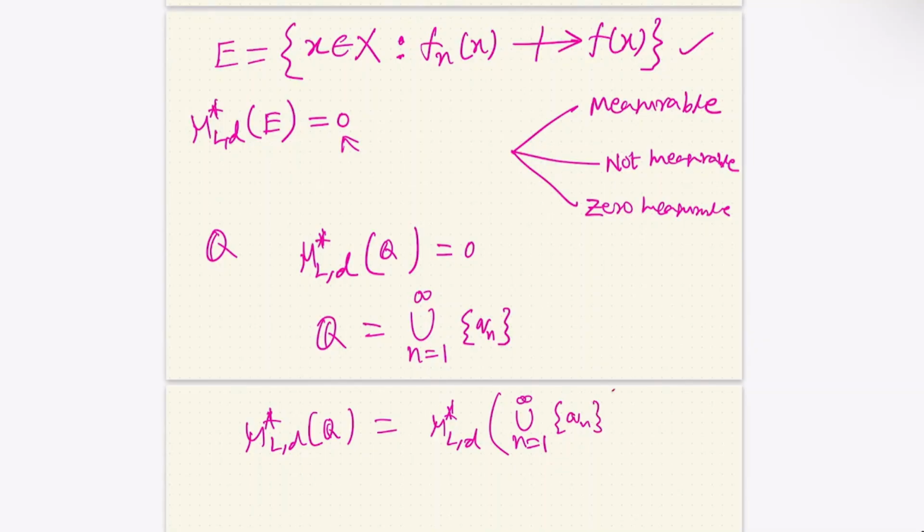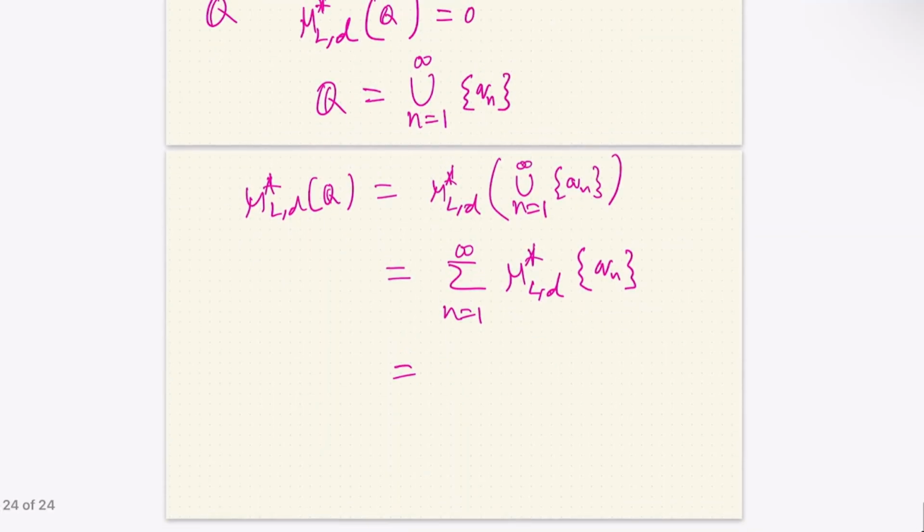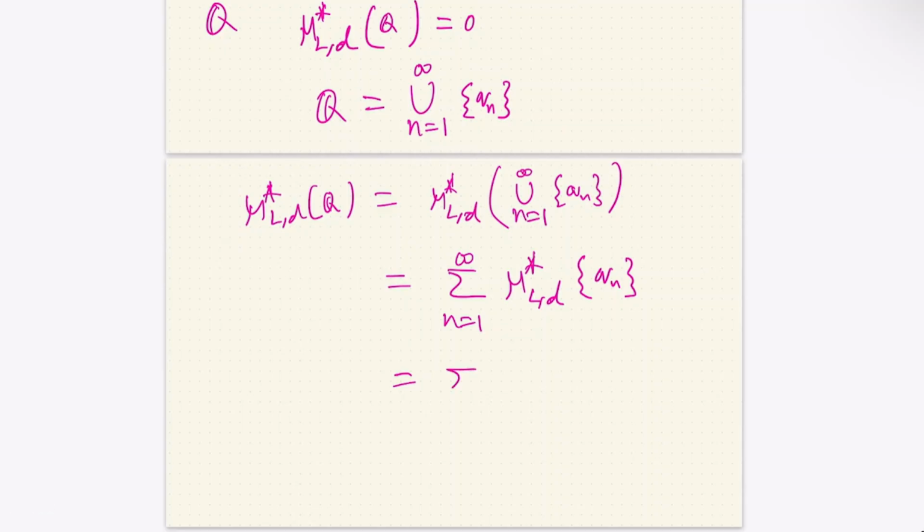These are all singleton sets, disjoint from one another, so this can be bounded by the sum over n equal to 1 to infinity of mu star Lebesgue of {q_n}. Each one's measure is zero. So Lebesgue measure is zero for all these sets.